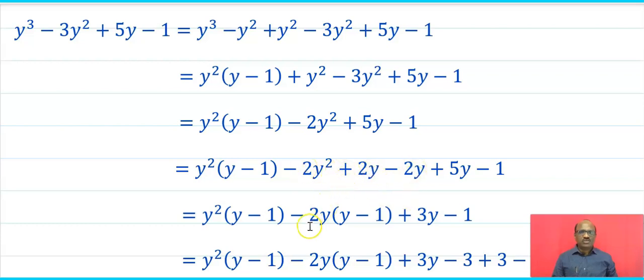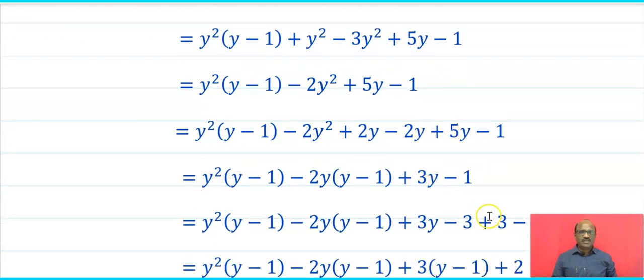If I take minus 2y as a common, then in bracket I will get y minus 1. That is, here is a y minus 1. And now next, see this here, minus 2y, a plus 2y, to balance this I wrote minus 2y.